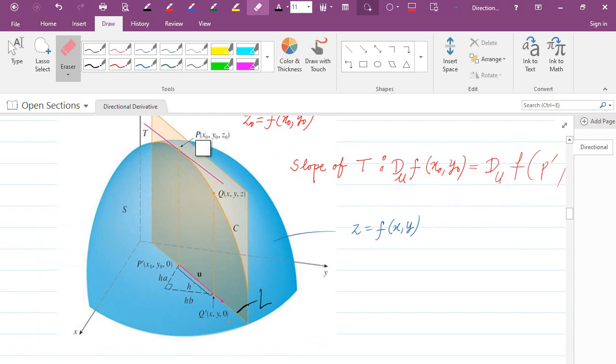P is the point on the graph of f corresponding to the input P prime.